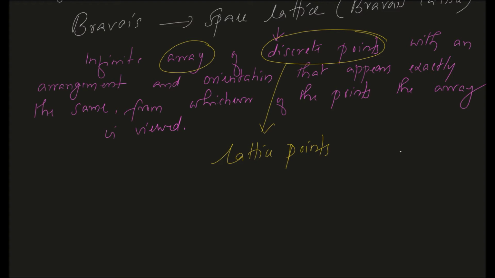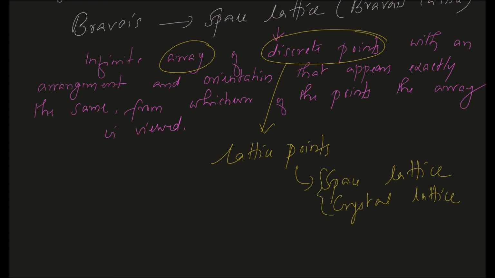If you consider the entire set of lattice points in the material that you consider, then it forms a space lattice. These lattice points ultimately form a space lattice. So what is a space lattice, or it is also known as crystal lattice?